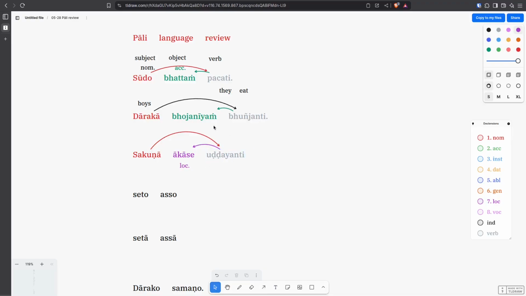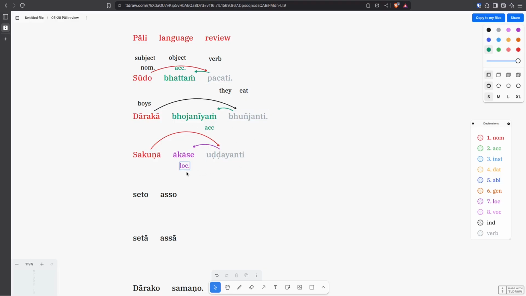And so the accusative functions for the purpose of showing what the object of the verb is. He's cooking rice, or they are eating food.